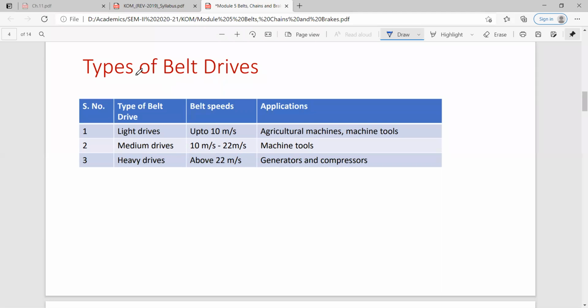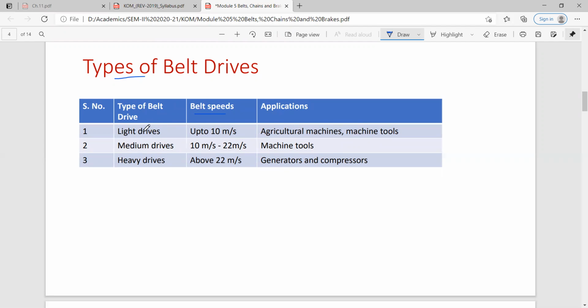Then the types of belt drives. What are the different types of belt drives? They are classified based on different criteria. One such classification is based on the belt speed, or on the amount of power to be transmitted.